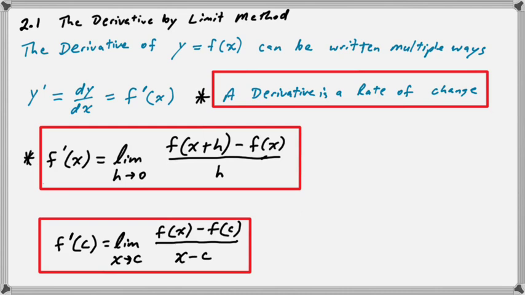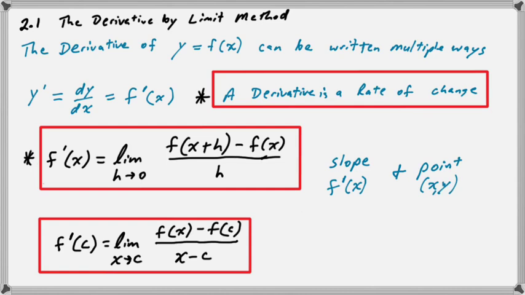We're also going to be finding the equation of tangent lines. To write an equation of a line, you need both the slope, and the slope would be f prime of x, and you need a what? A point. A point is usually x comma y.